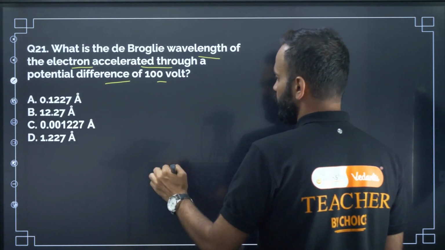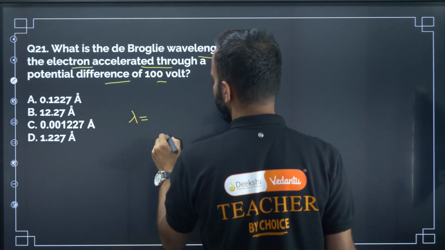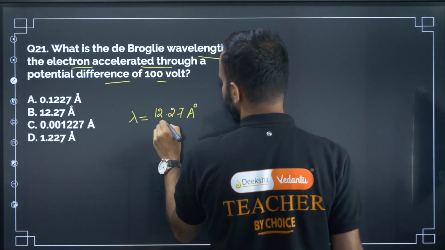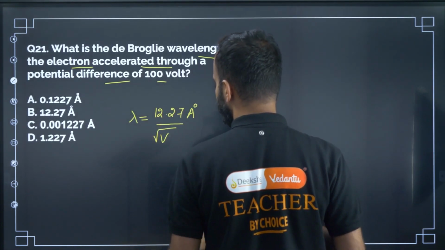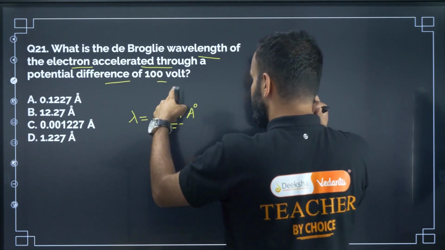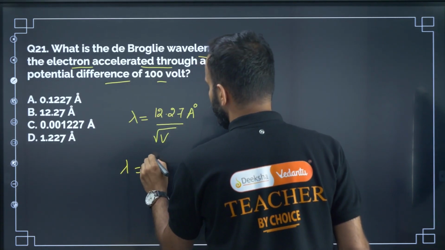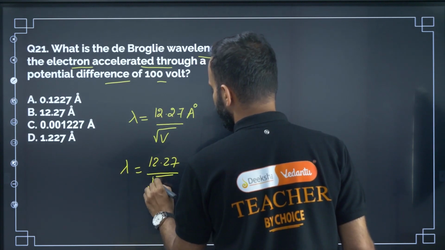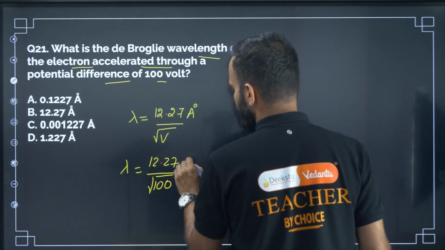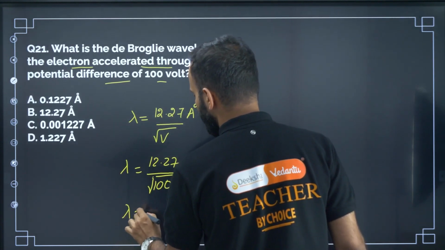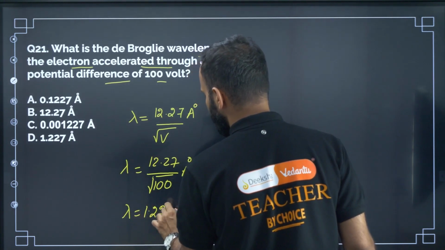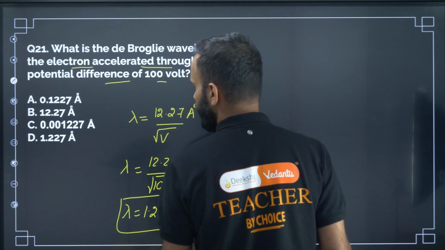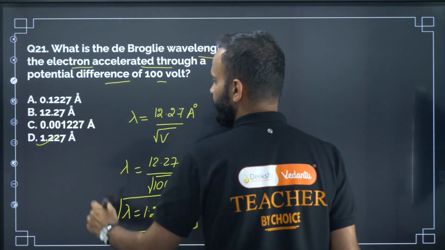So the de Broglie wavelength lambda equals 12.27 angstrom divided by root of potential difference V. So lambda is equal to 12.27 divided by root of 100 angstrom. Root of 100 is 10. So lambda equals 1.227 angstrom. So the correct option is D.